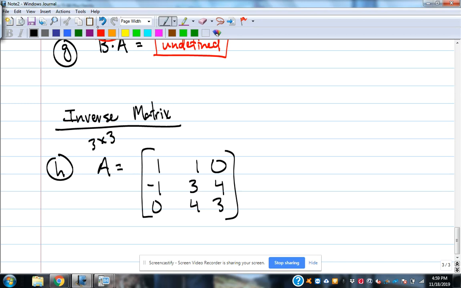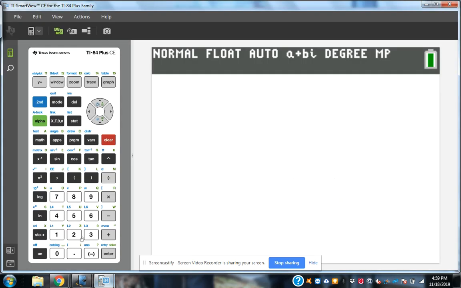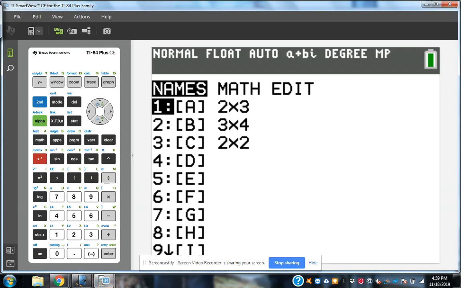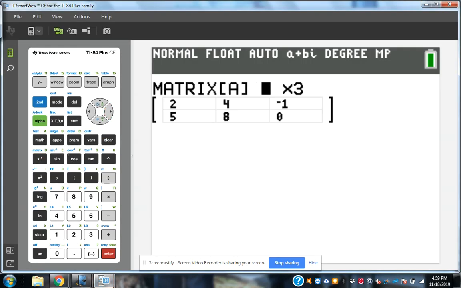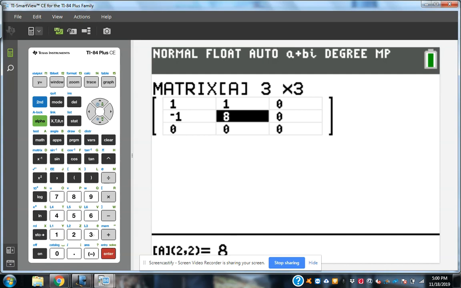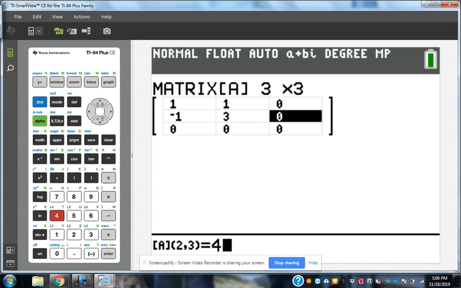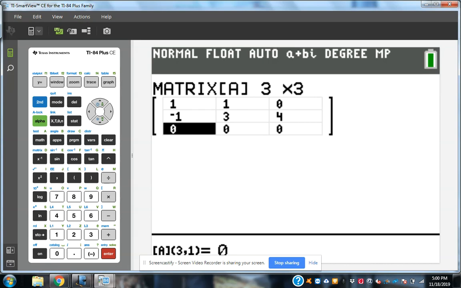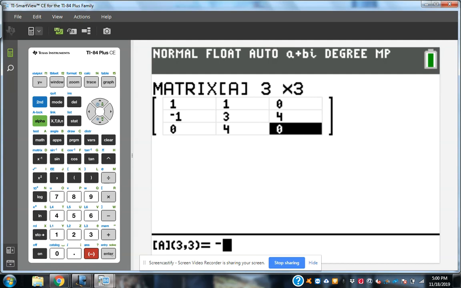So the calculator has a nice inverse button on it. All we've got to be able to do is punch that thing into the calculator as a matrix. So I'm going to go to the calculator, second matrix, go to matrix A and edit that and put a 3 by 3 in there. And I'm going to put 1, 1, 0, -1, 3, 4, 0, 4, 3.